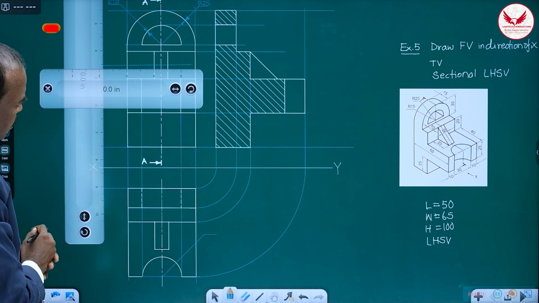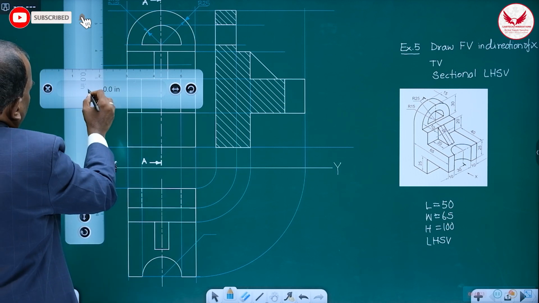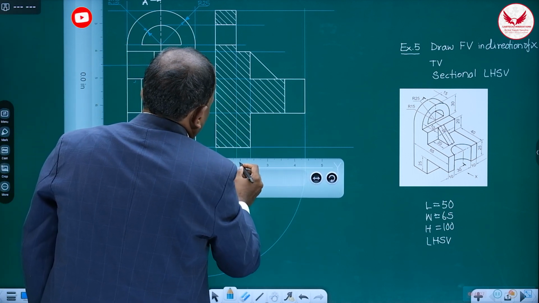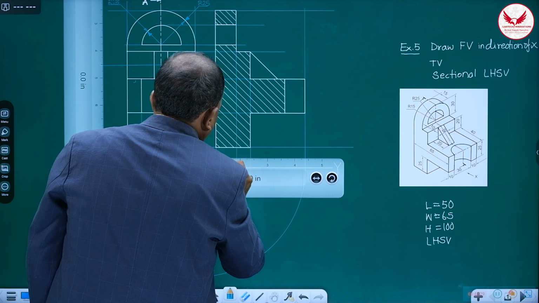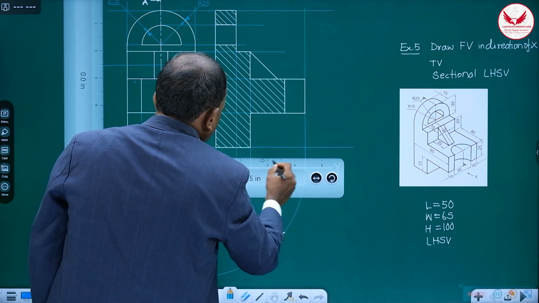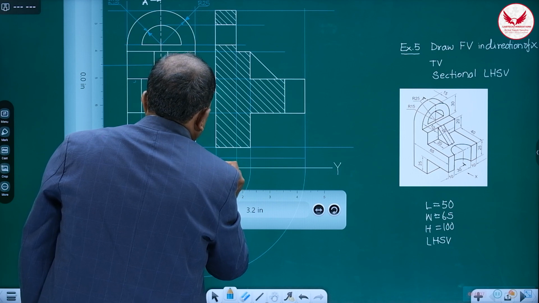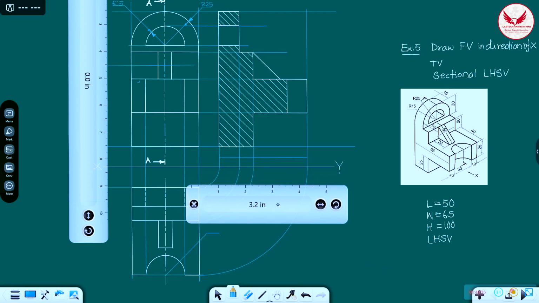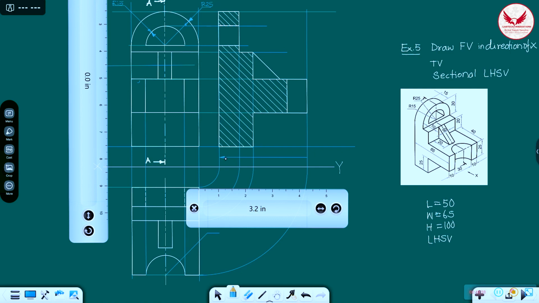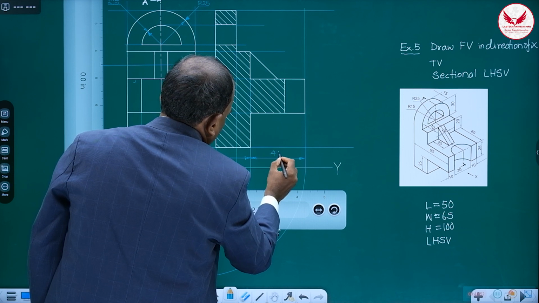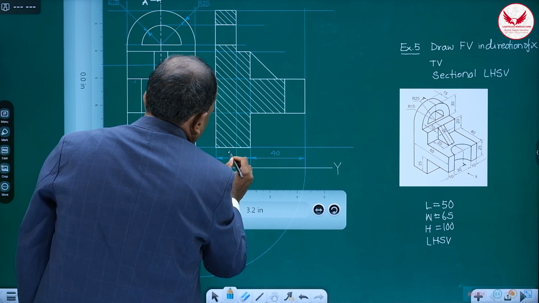Then major dimensions we are supposed to give. So out of that, these two dimensions I can mark over here. It is 25. And this is 40. It is 40.